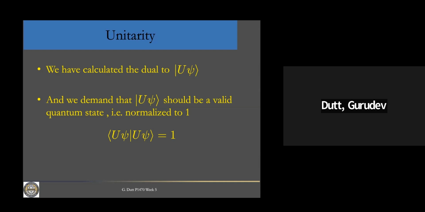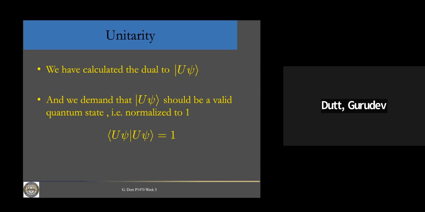must be 1. Which means psi U dagger, that's from this part, and U psi from there is just U times psi, must be 1. This must be true for every state psi, no matter what state it is.